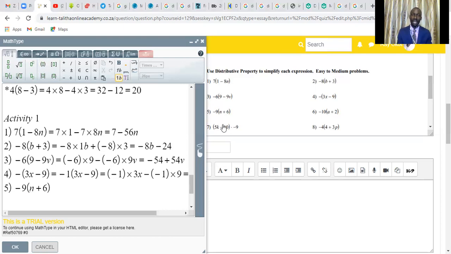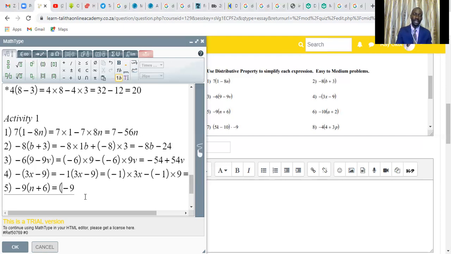Yes, -9 is supposed to be used to multiply the quantity n plus 6. Do we go ahead to simplify that? Well, notice that in this case, this -9 outside the bracket is supposed to be distributed onto this.